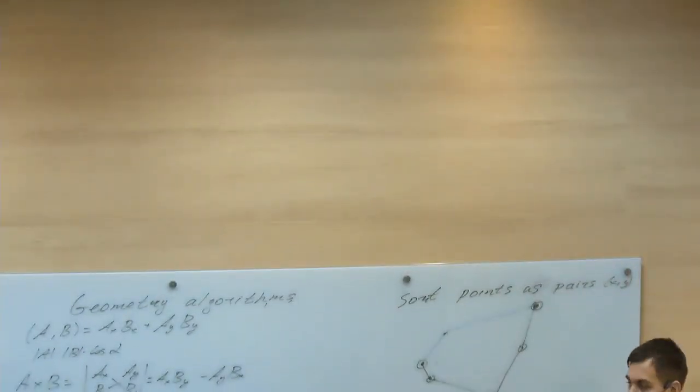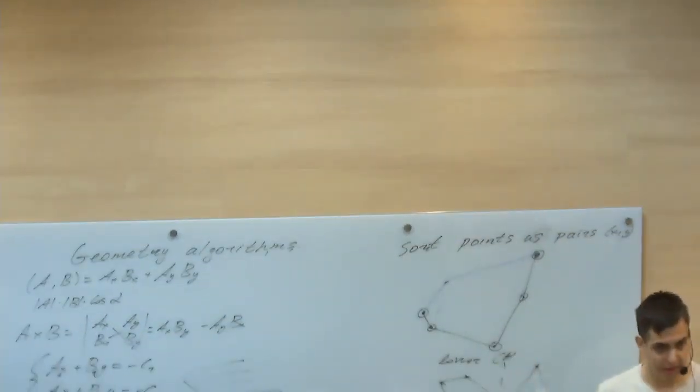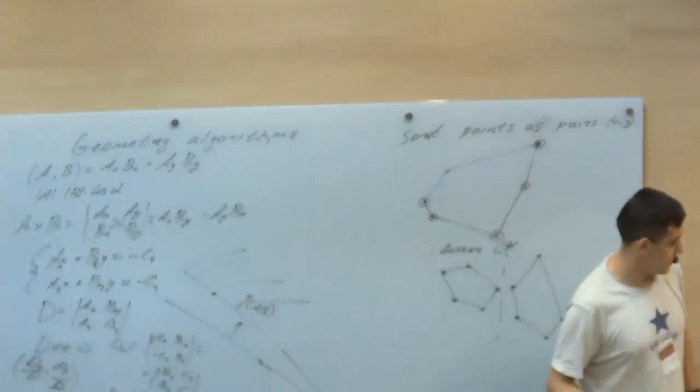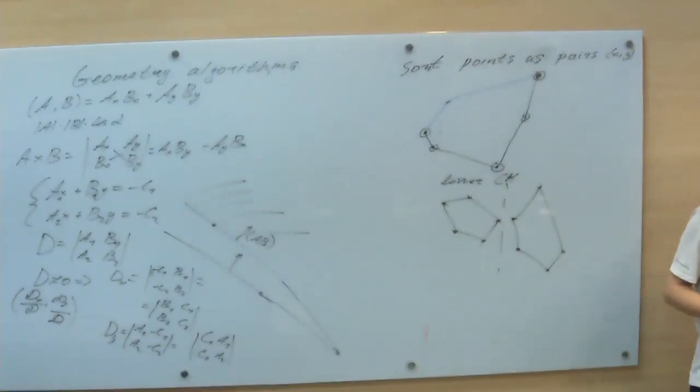A lot of geometric algorithms use the property that this is a convex hull. And there is one problem that is pretty famous, but I think there is a lot of confusion with how to solve this problem.